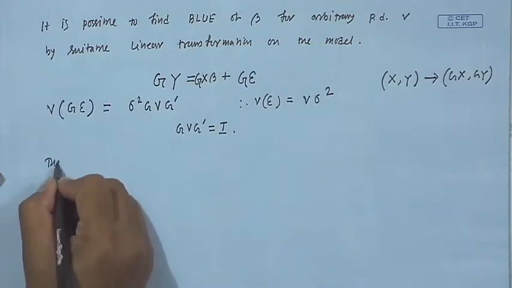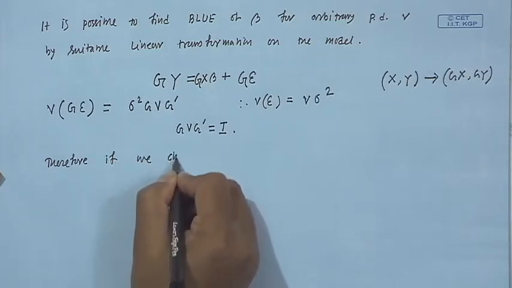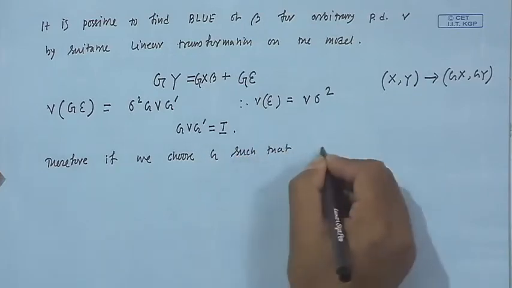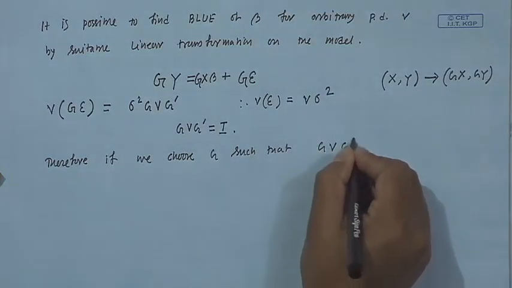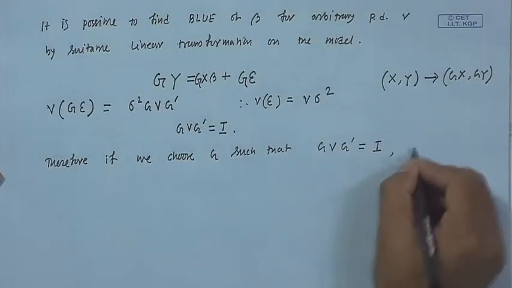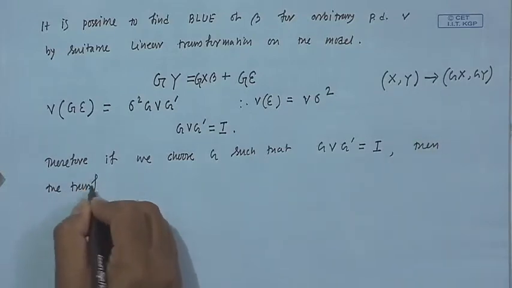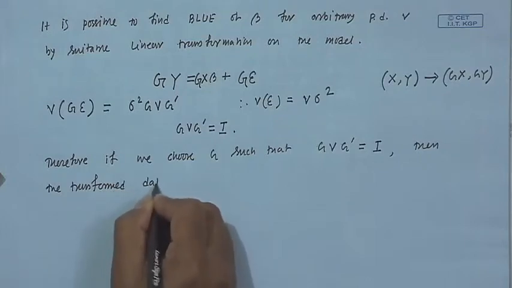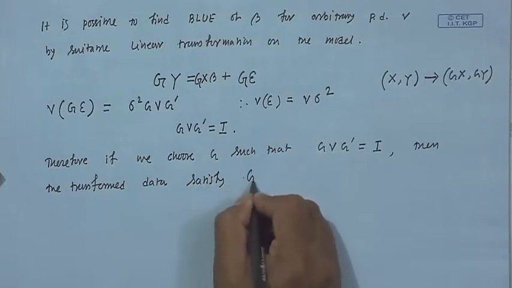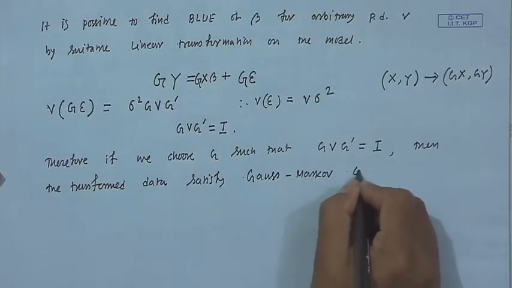Therefore, if we choose G such that G V G prime is equal to I, then the transformed data satisfy Gauss Markov conditions.